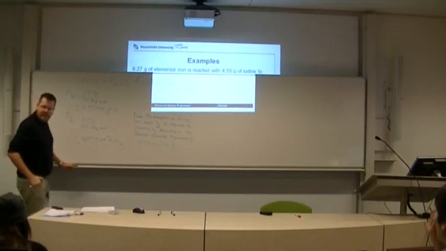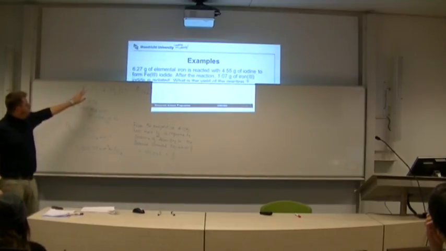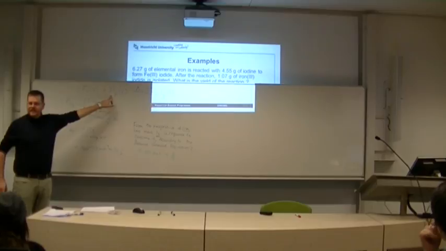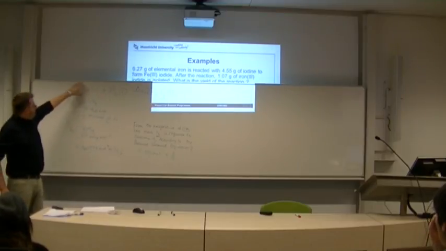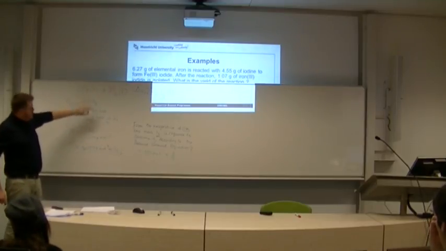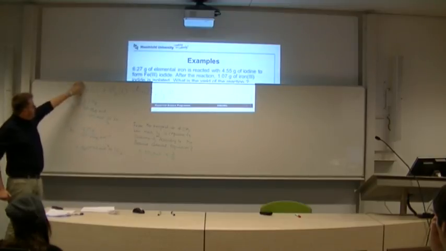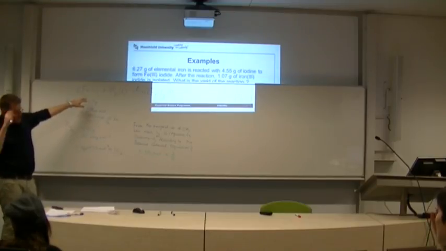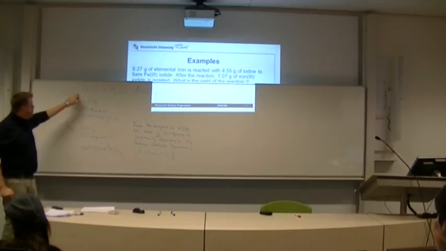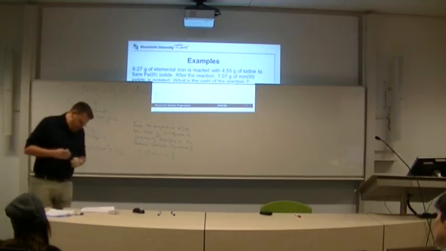Yes. 2 moles of iron react with 3 moles of iodine. In order for all the iron to be consumed, I've got 0.112 moles, so I'm going to require 3/2 moles of iodine per mole of iron.